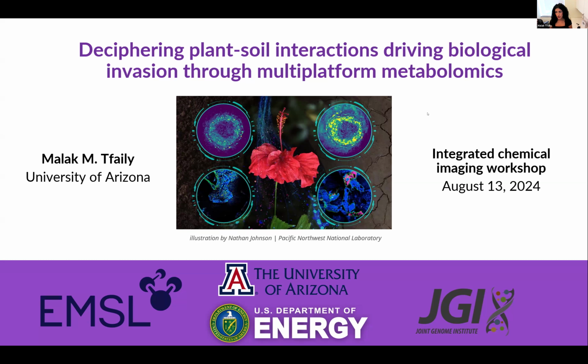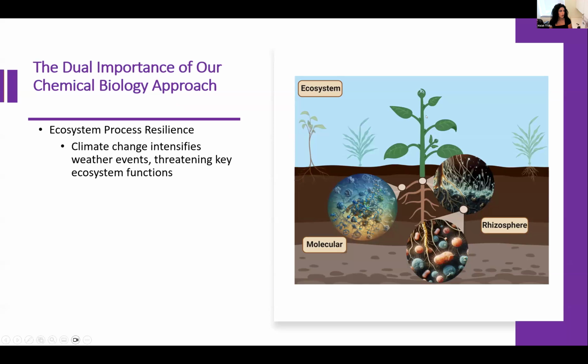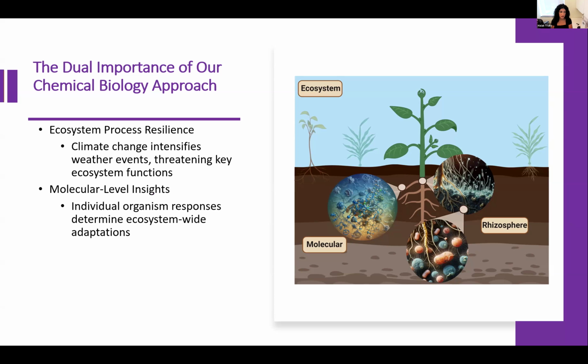Just to start more general, as you all know, climate change is intensifying weather events, threatening ecosystem functions like nutrient cycling. But we all know at the same time, soil microbes and plants play vital roles in maintaining these ecosystem functions. However, soil microbes and plants, both living organisms in any ecosystem, are also expected to be influenced by changing environmental conditions, therefore influencing ecosystem function.